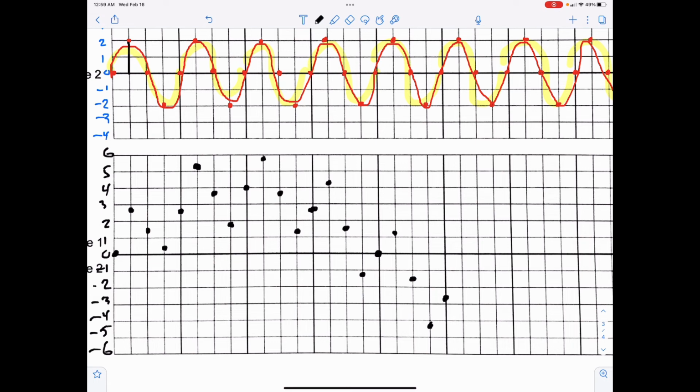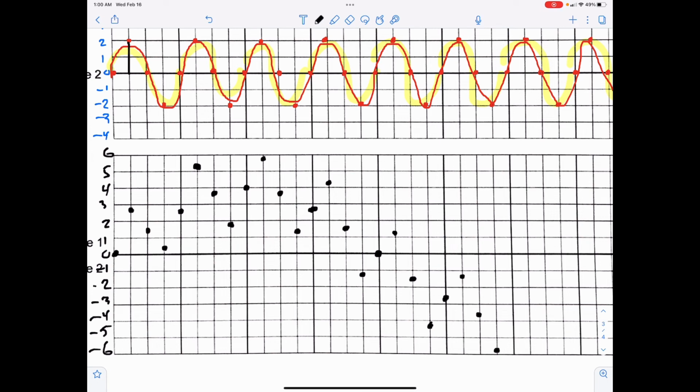Okay. So now we're at block 21. Block 21, we're down to about negative 1.3. Block 22, we're down to negative 3.7. At block 23, we're down to negative 5.9, almost negative 6.